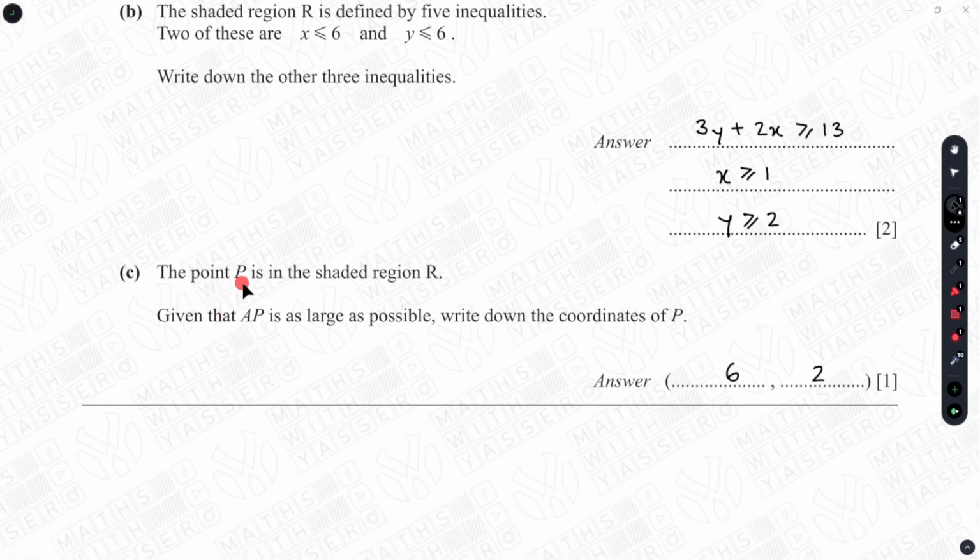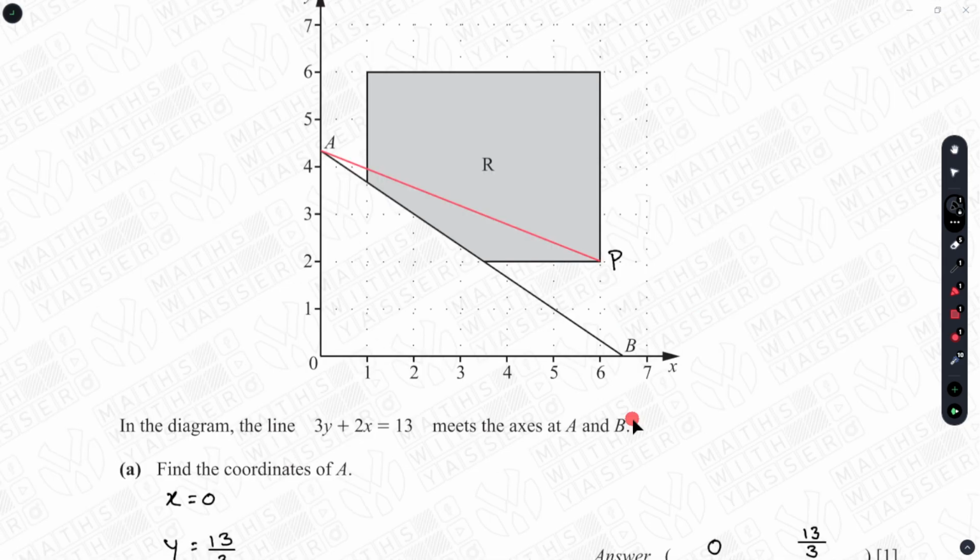Then it says the point P is in the shaded region R. Given that AP is as large as possible, write down the coordinates of P. So for AP to be as large as possible, I can think of first, if I place P over here, AP will have this length, which is definitely not the largest.